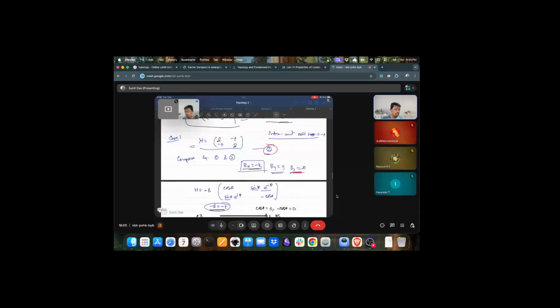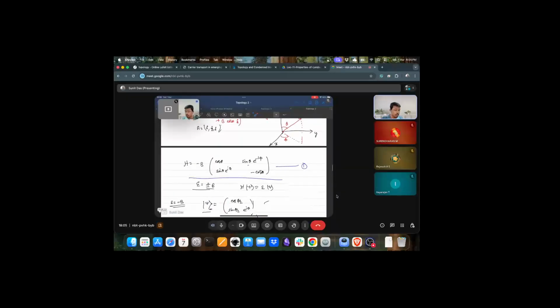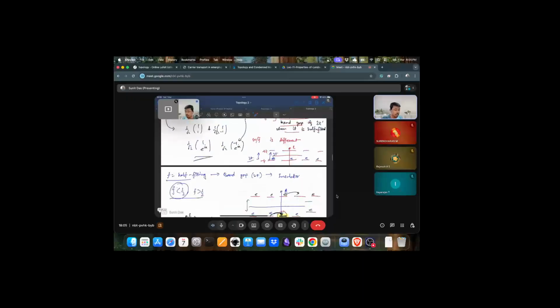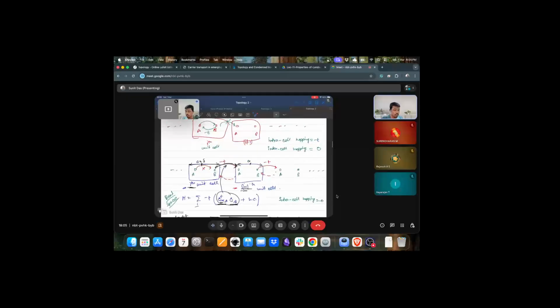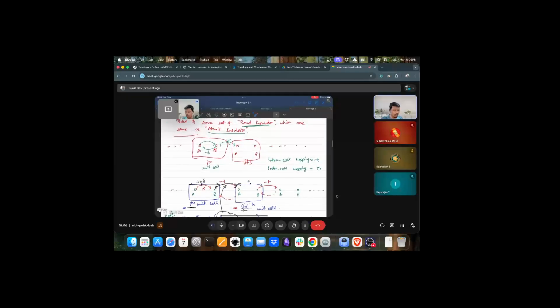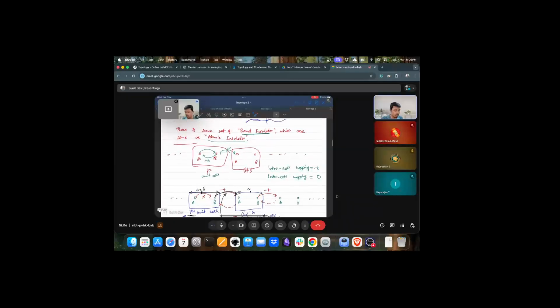And then we saw another example of the same model, but instead of intra-unit cell hopping, we considered inter-unit cell hopping to be there.